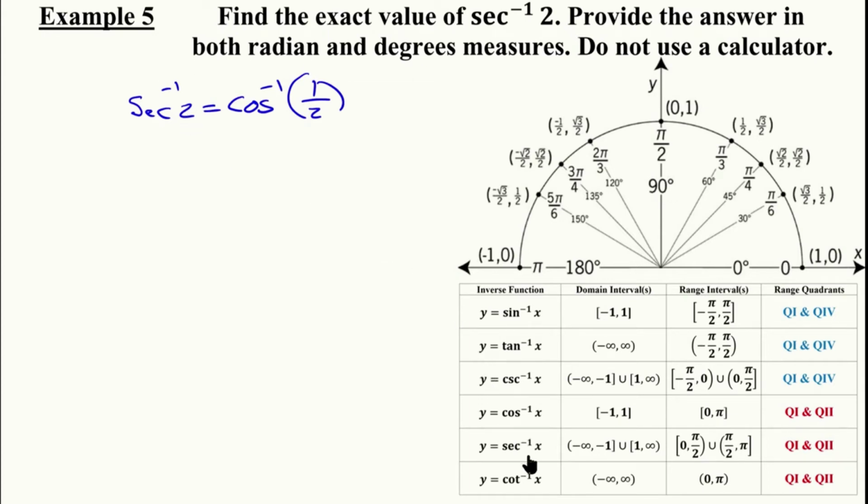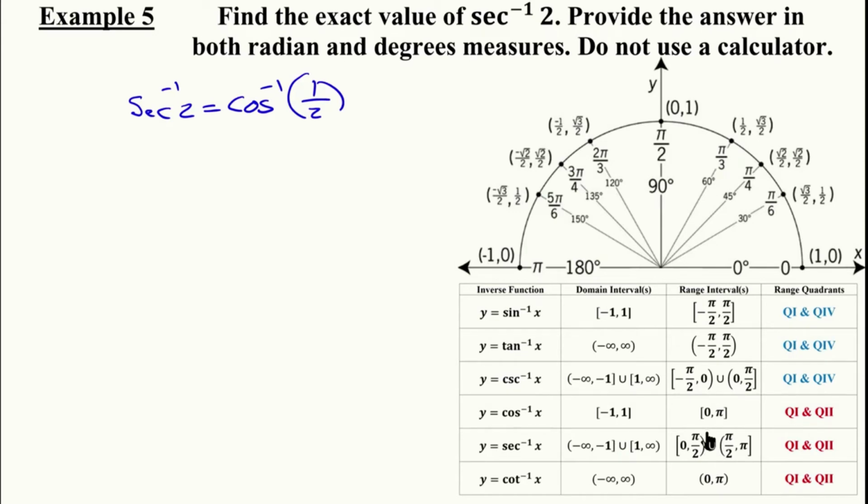So when it comes to the restrictions as far as the outputs, we need to be looking for this function. It just so happens that inverse cosine and inverse secant have the same intervals that they work with, with the exception that inverse secant is not going to have an output of pi over 2.